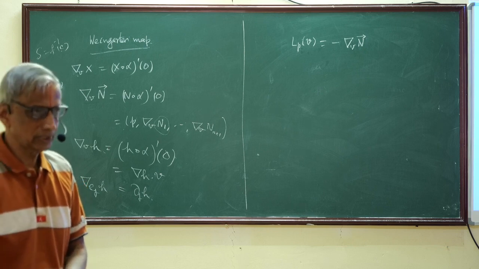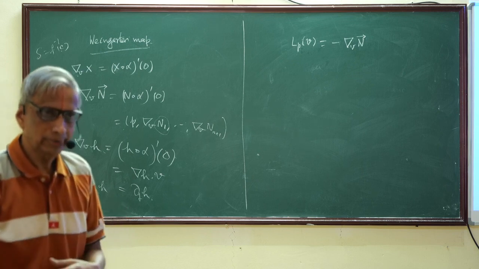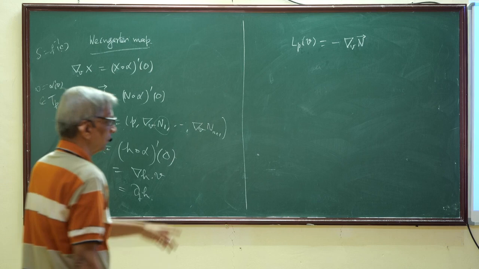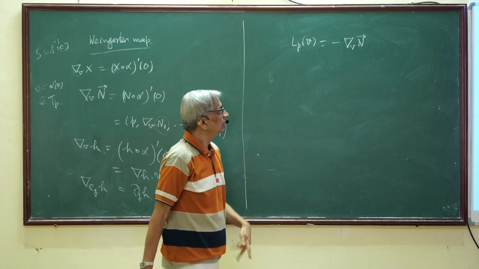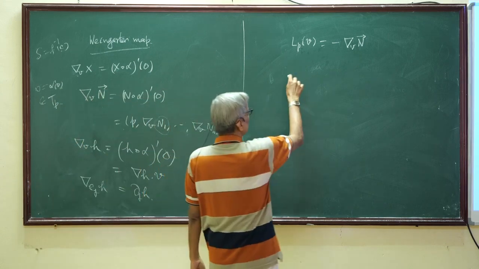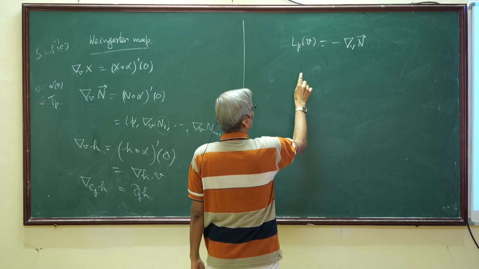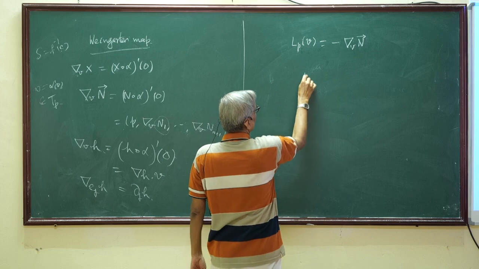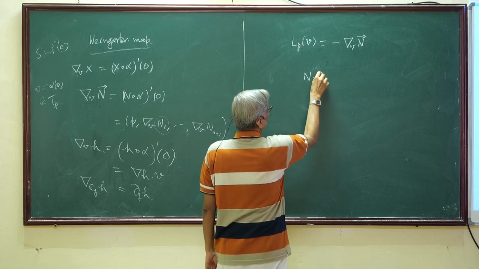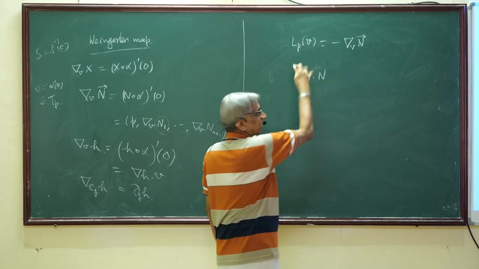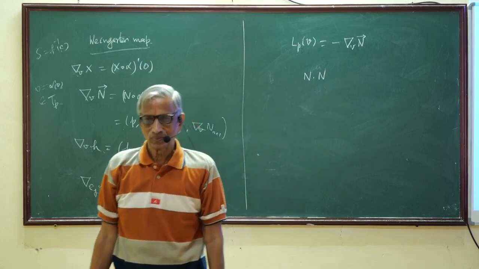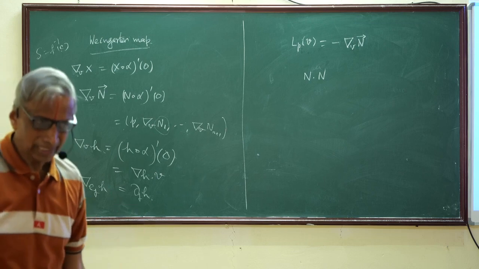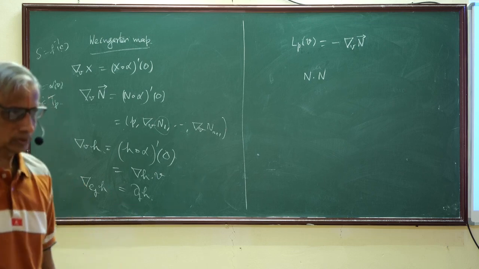So in other words, we want to say that it is perpendicular to the normal, right? So take your N, look at N dot N. I'm omitting the arrows, okay? So N dot N is a scalar valued function, smooth, and so on.